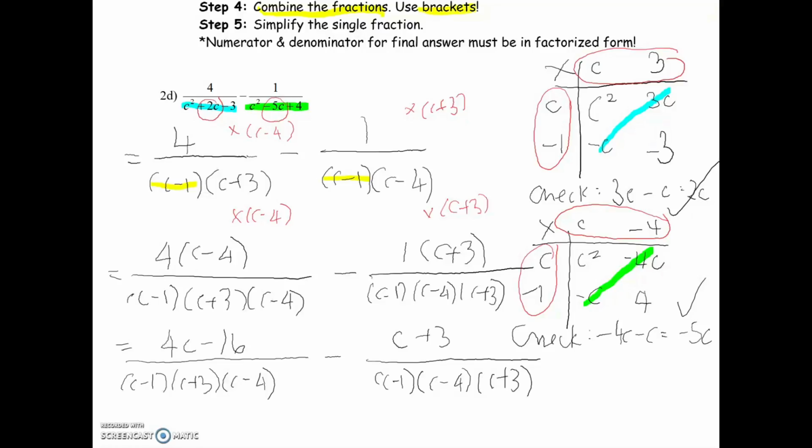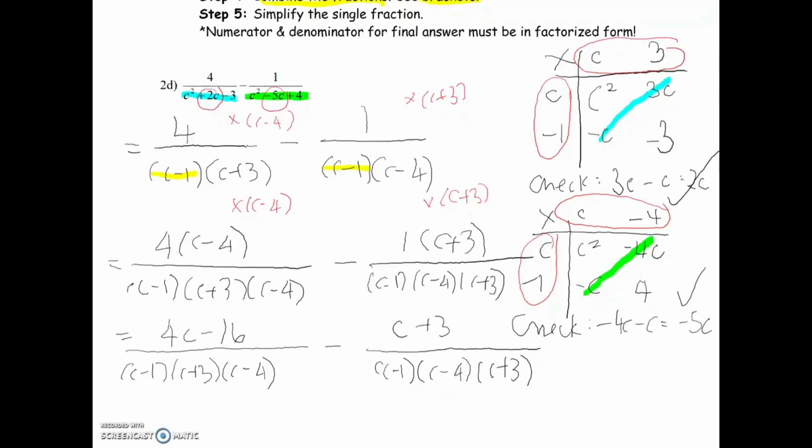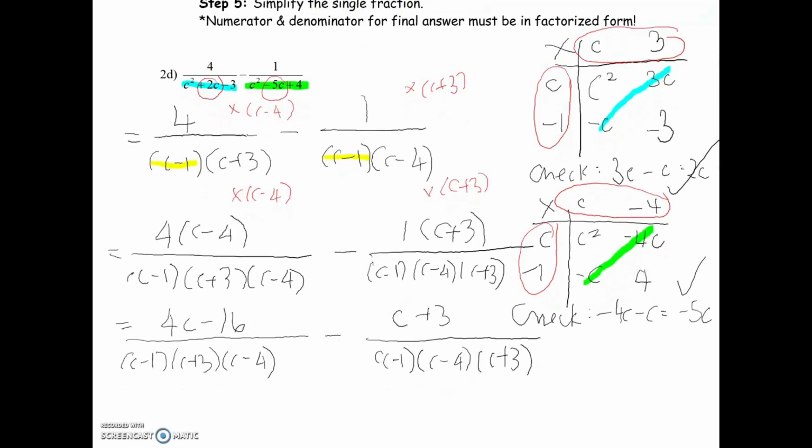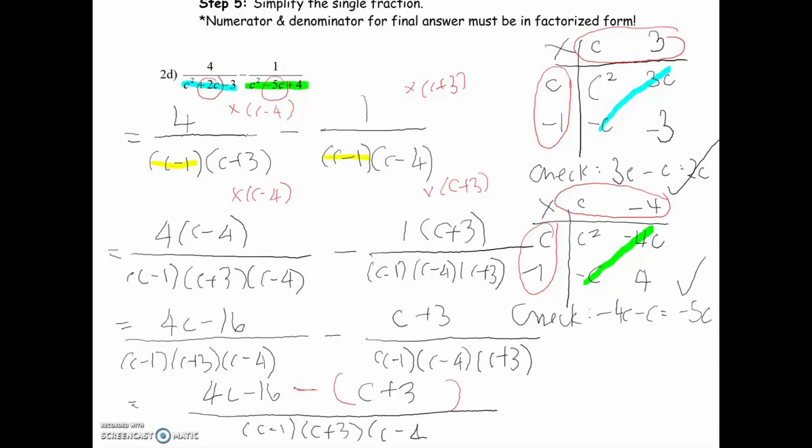And please use brackets for the numerator. So therefore, you will get for the numerator 4c minus 16, and we want to subtract everything in the second numerator, c plus 3, over the denominator c minus 1 times c plus 3 times c minus 4.